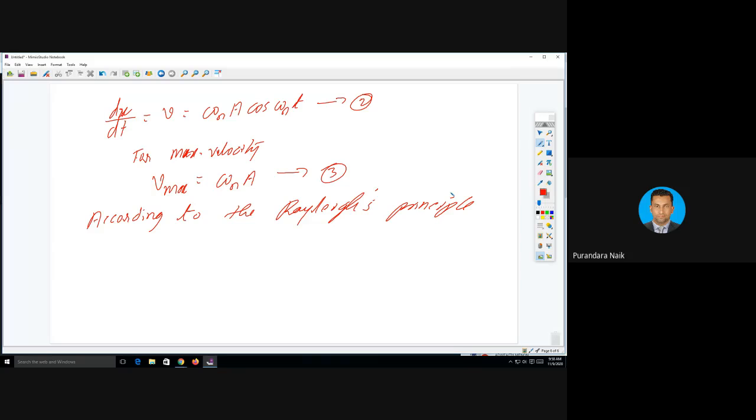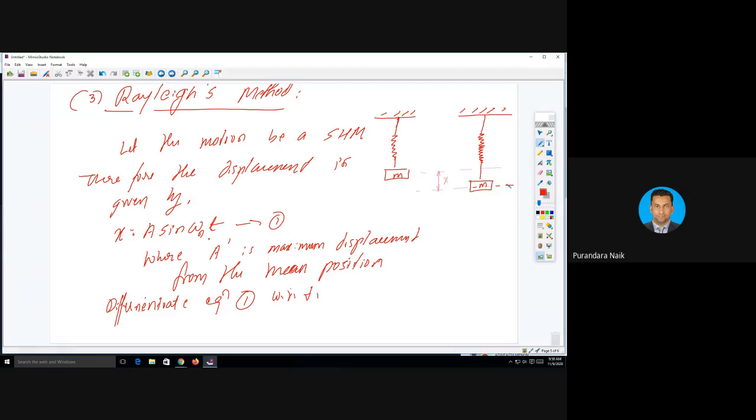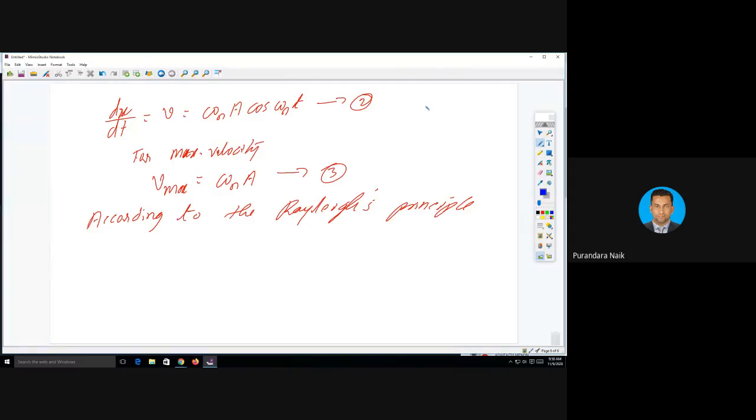Let us consider the extreme position. This is the extreme position, and this is the other extreme position. This is the mean position. I'll take a new figure for this. This is a spring, and we have a mass.